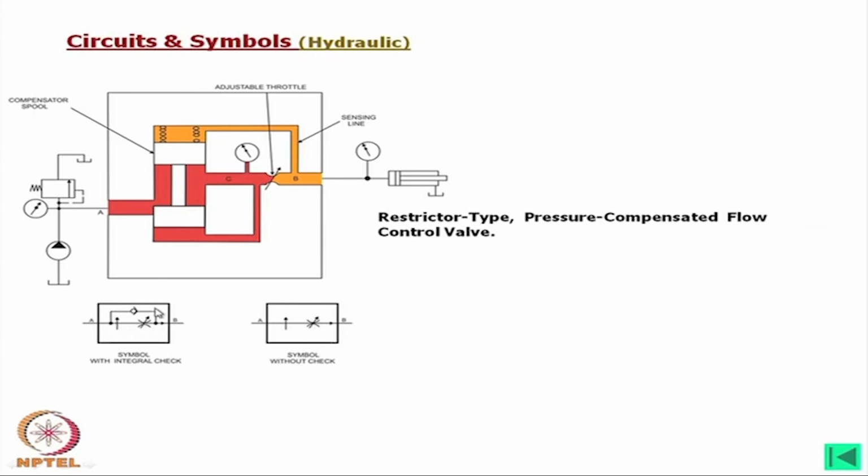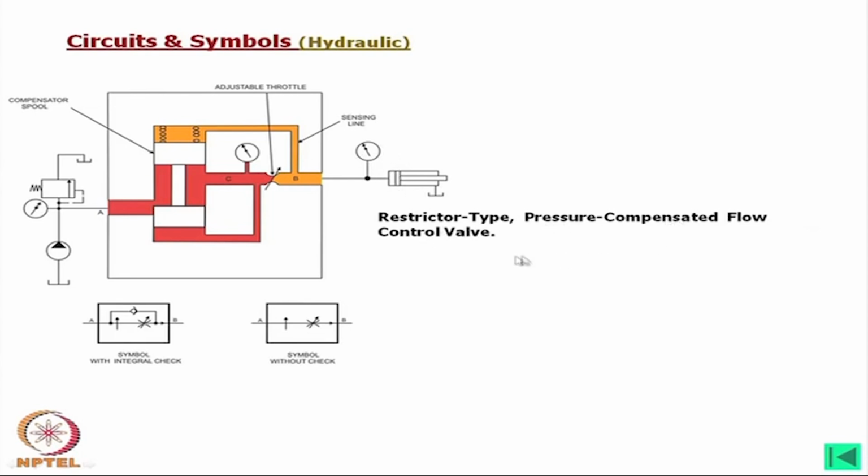If it is with a check valve, it means the flow is only in one direction, and this is a flow control valve. We will use this symbol. If it is without this non-return valve, then we will use this one. In fact, this valve is without a non-return valve here, and as you find, this side is a pressure relief valve and the pump is there, this is a pressure gauge, and on the other side you find a cylinder and a pressure gauge.